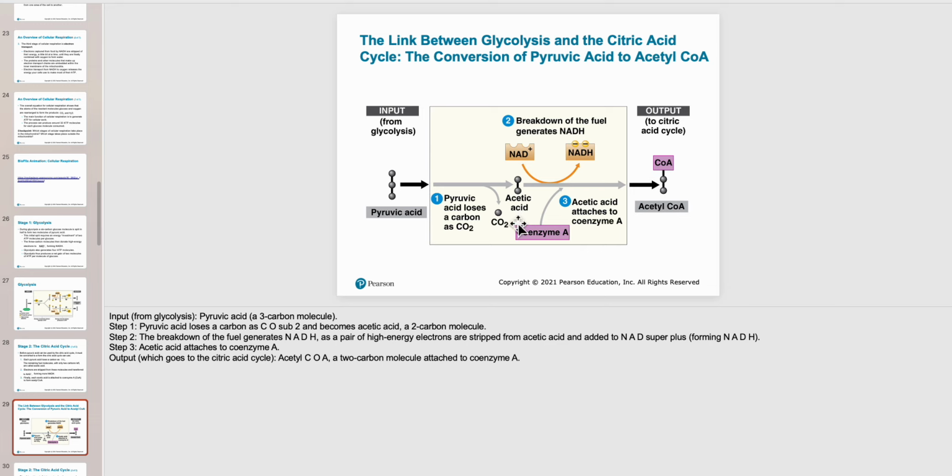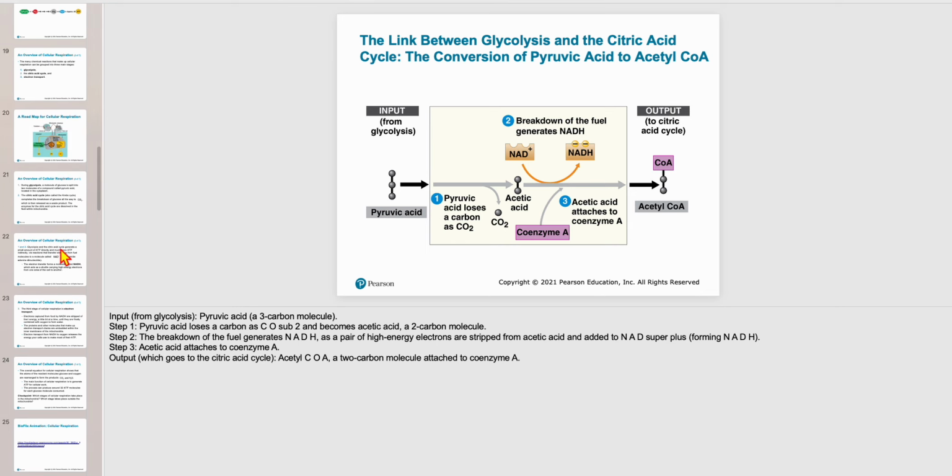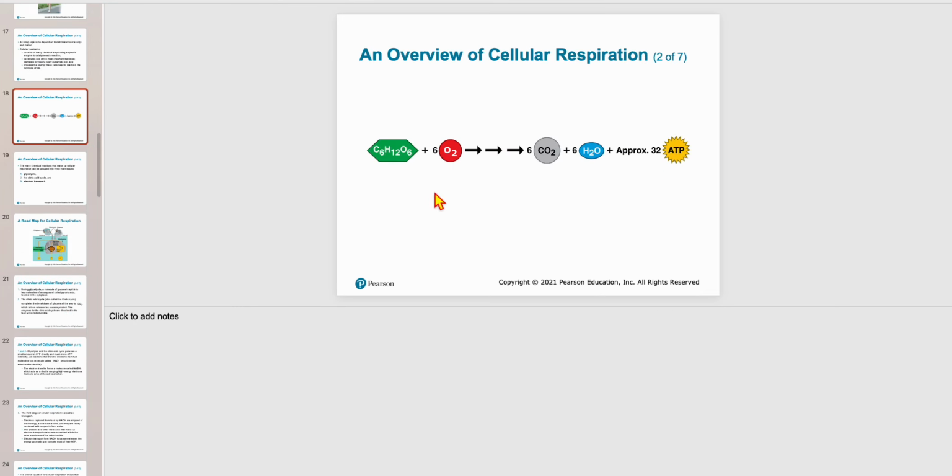So what we do is we again break off a carbon. And when breaking off a carbon, we have carbon dioxide. Yes, this is one of the carbon dioxides that we produce. Now remember, overall, we're going to have 6 carbon dioxides. How do I know? Because when I went to this picture earlier, we saw that we have a total of 6 carbon dioxides.